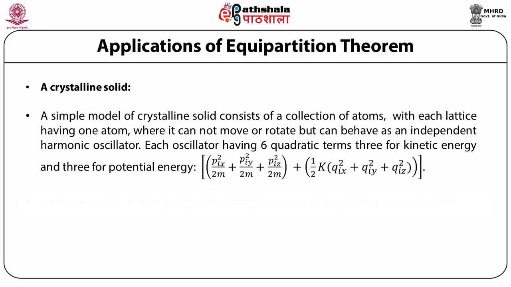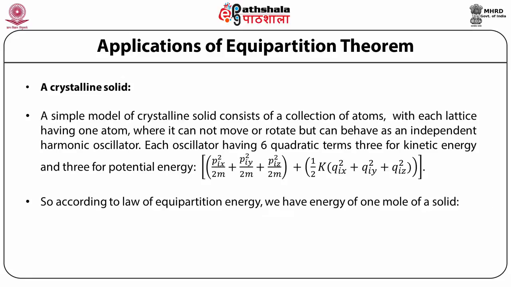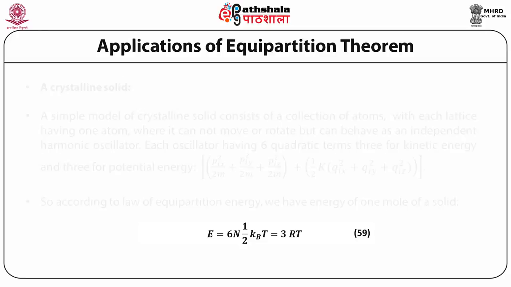That is, pix²/2m + piy²/2m + piz²/2m + 1/2 k (qix² + qiy² + qiz²). So, according to the law of equipartition of energy, we have the energy of 1 mole of a solid given by E = 6N × 1/2 kB T = 3RT.